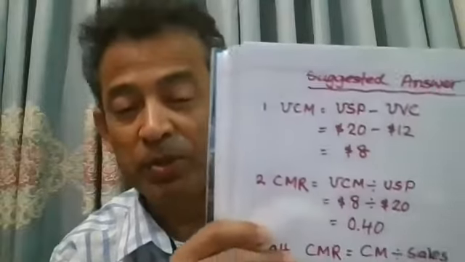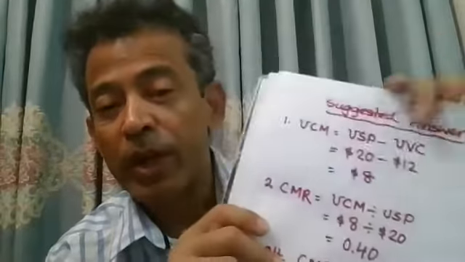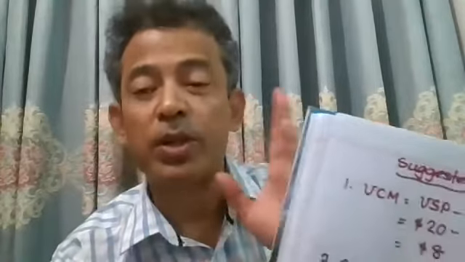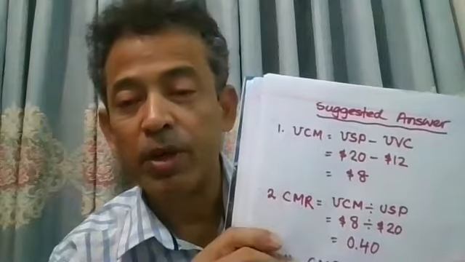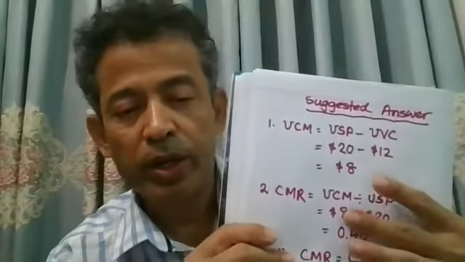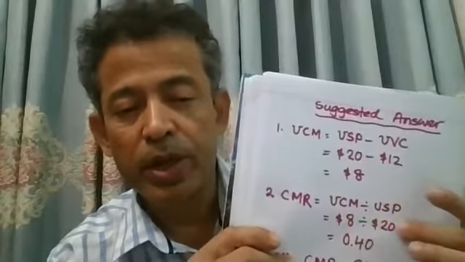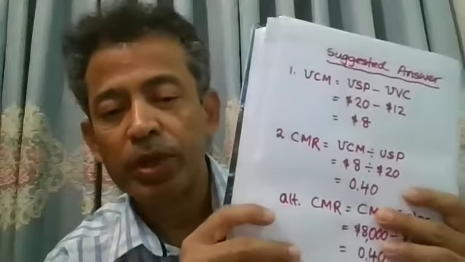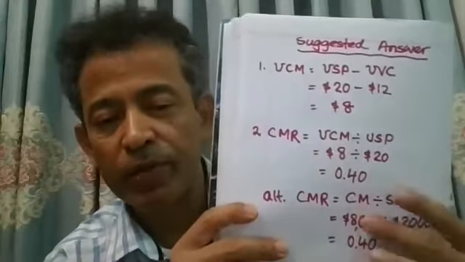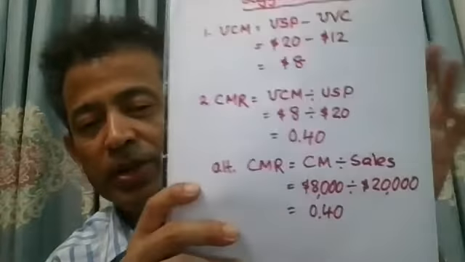So contribution margin ratio can be calculated either from unitized information or from the total operations, because it's a relationship between two variables. We did it between unit contribution margin and unit selling price, and we found it to be 0.40. So we have the same ratio, and you can see the alternative calculation here too.